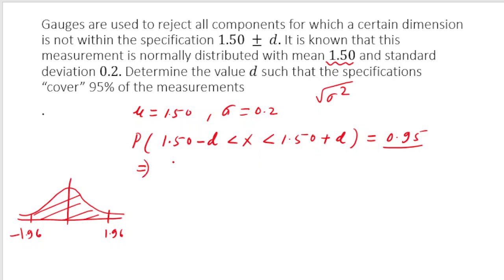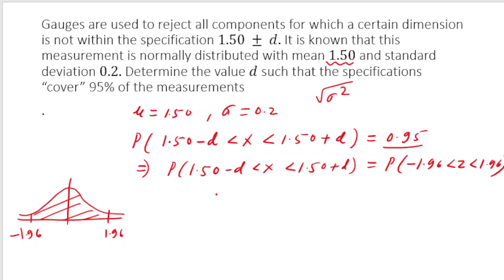So this implies the probability that 1.50 minus d less than x less than 1.50 plus d. If I compare it in terms of z, this 0.95 probability is minus 1.96 less than z less than 1.96. So the value of x should correspond to this value of z. That is what I am saying.